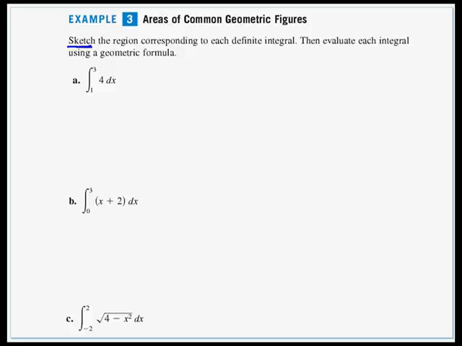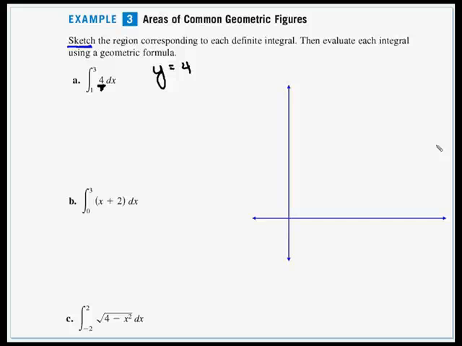So what I'm going to do here is set up an x and y axes to use on all three of these. So what do we have in the first one? Our function is 4. And seeing it in this notation might be a little confusing. Remember, this is our function, f of x equal or y equals. So y equals 4. What kind of shape is that?